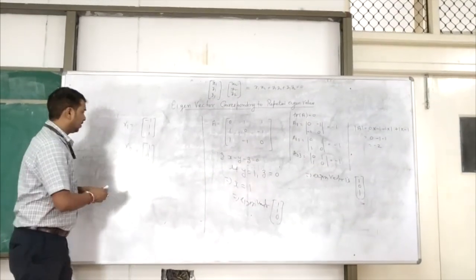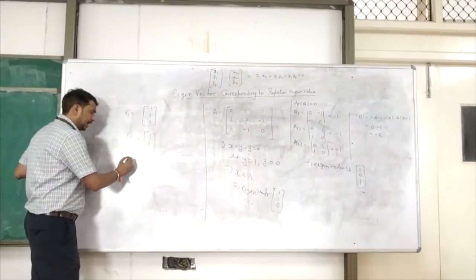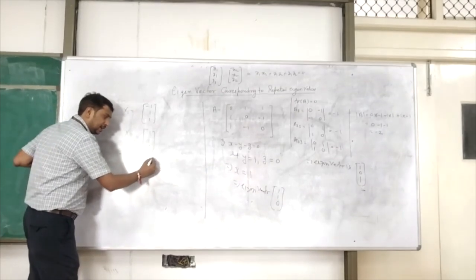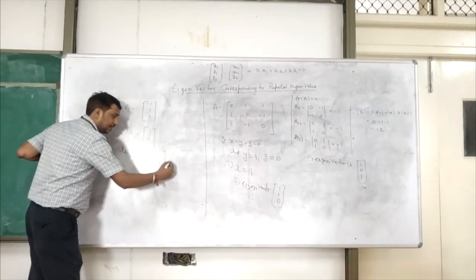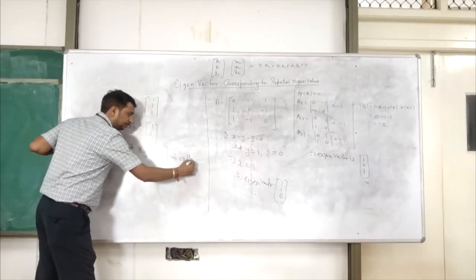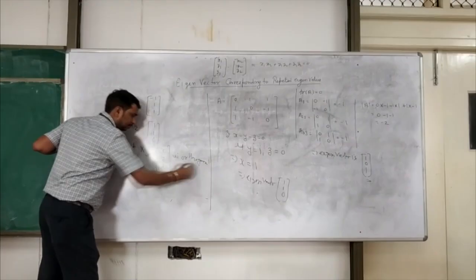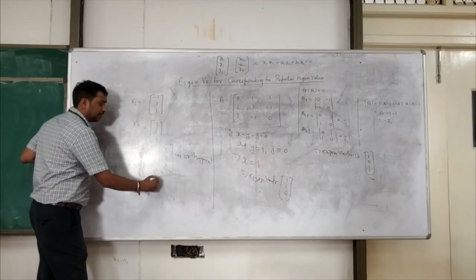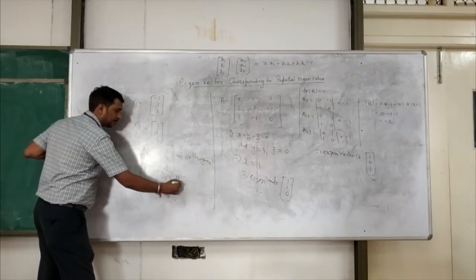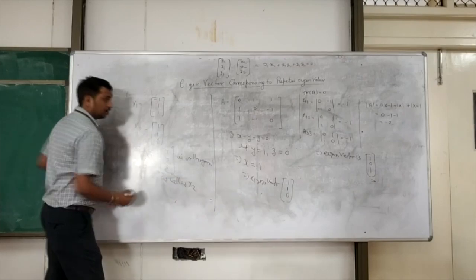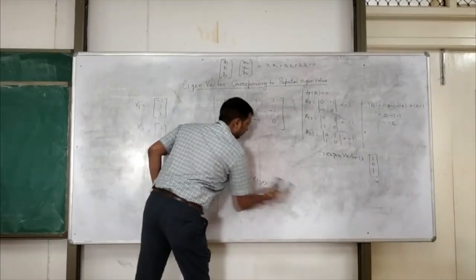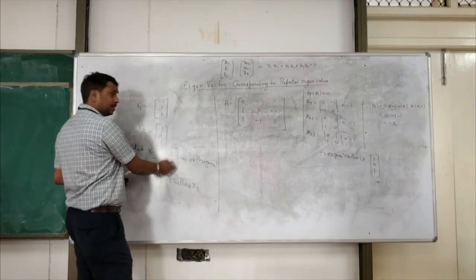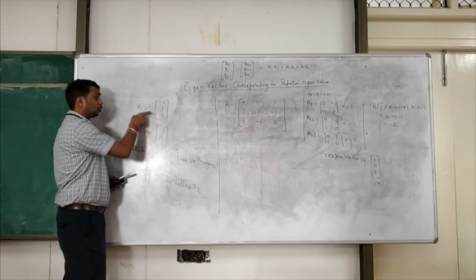It is very easy. Suppose the eigenvector x3, (x, y, z), is orthogonal to x1 as well as x2.